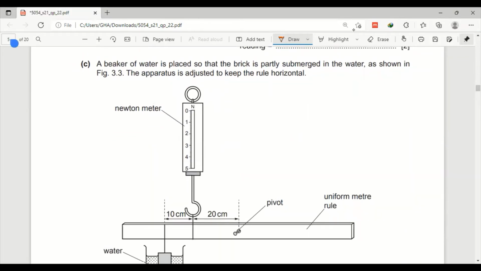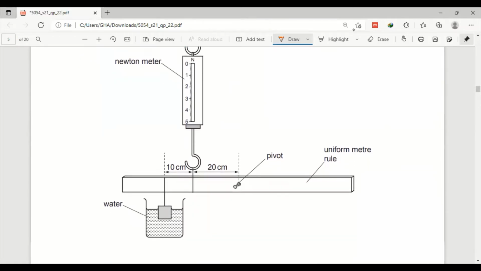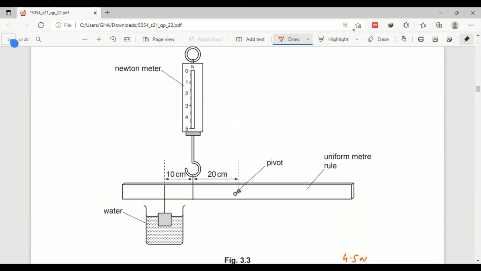Next, a beaker of water is placed so that the brick is partially submerged in the water as shown in the figure. The apparatus is adjusted to keep the rule horizontal. So look at this. Suggest why the reading on the Newton meter is less than your answer, mean less than 4.5. So now the answer for this force is less than 4.5.